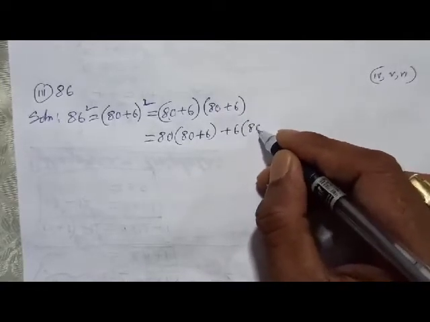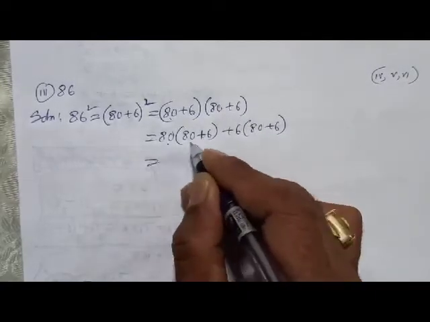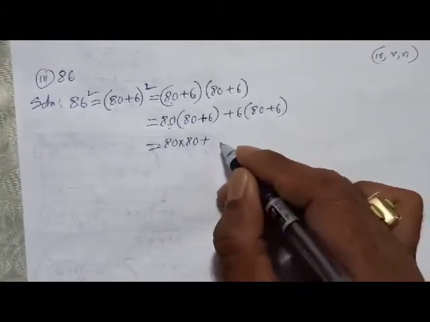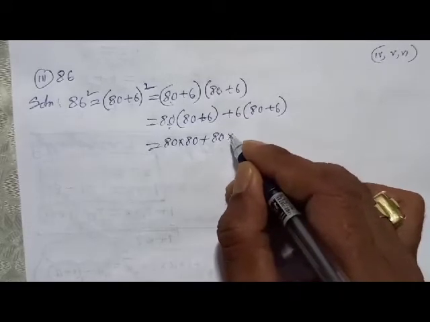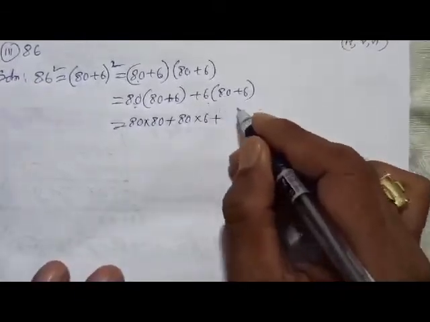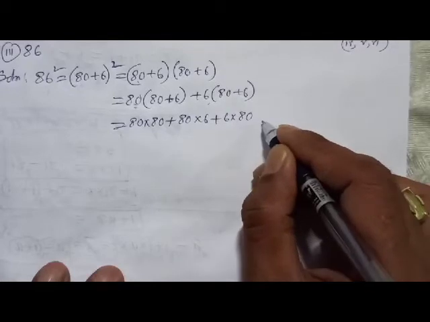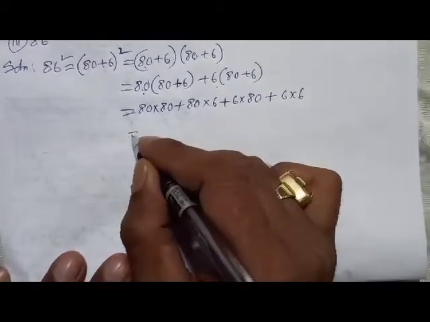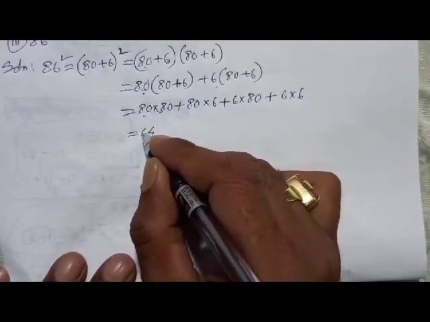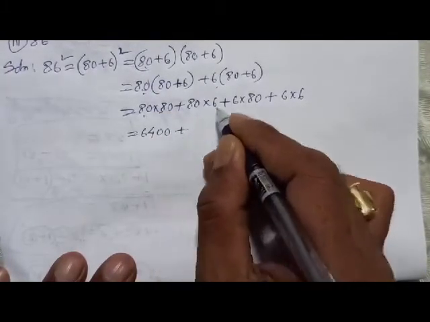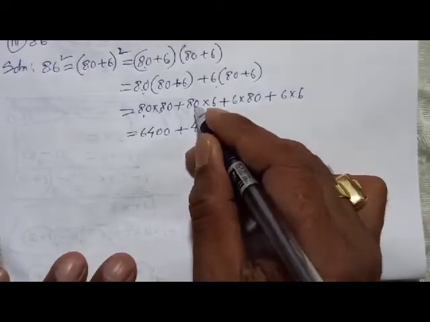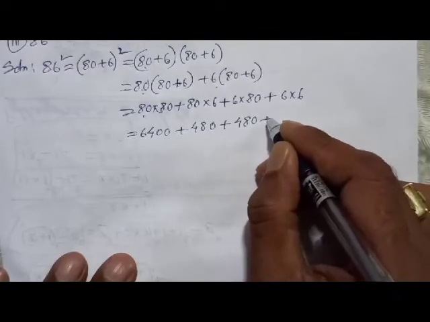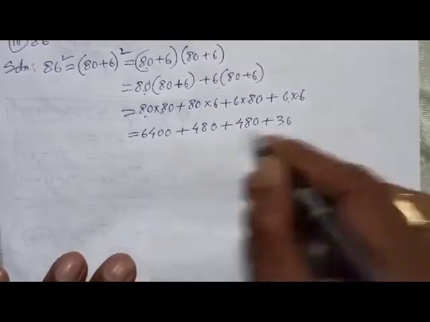So 80 into 80, 80 into 6, 6 into 80, 6 into 6. 8 eights are 64, so 6400. 6 eights are 48, so 480, and again 480. 6 sixes are 36.